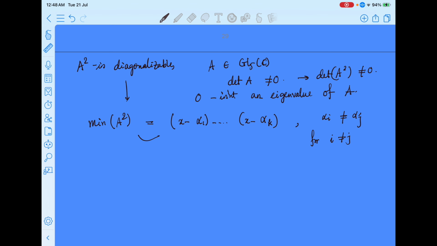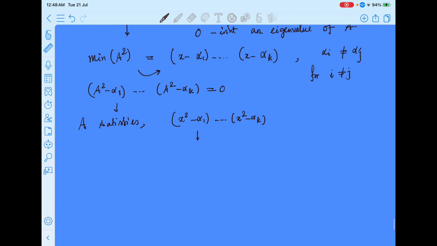Now the minimal polynomial of A squared is this, so that means (A^2 - alpha_1)...(A^2 - alpha_k) is 0. That will imply A satisfies (x^2 - alpha_1)...(x^2 - alpha_k). You can factor this as (x - root alpha_1)(x + root alpha_1)...(x - root alpha_k)(x + root alpha_k).